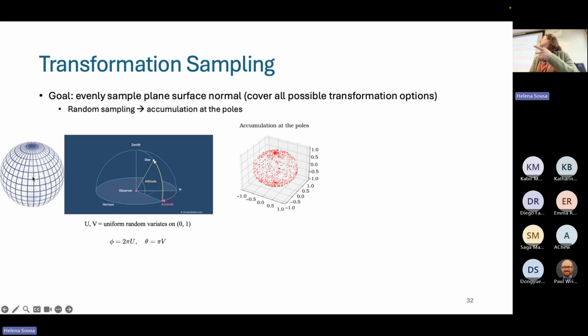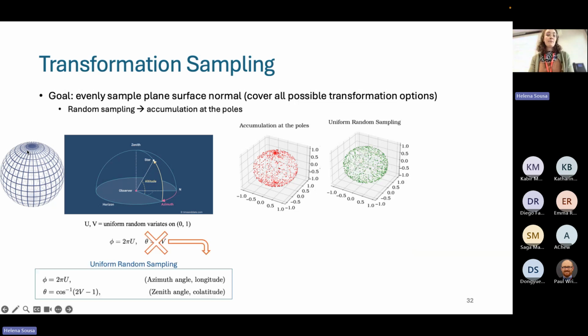An equal increment in your elevation angle does not equate to an equal amount of surface area being covered. As you can see at the poles, it's much less. Therefore, you would be biasing the transformations that you're sampling during training. This can be simply corrected by adding an arc cosine term which accounts for this curvature.